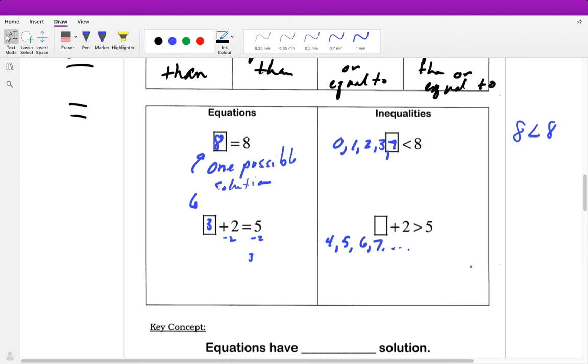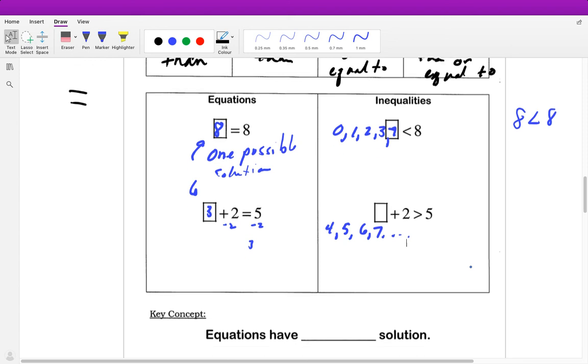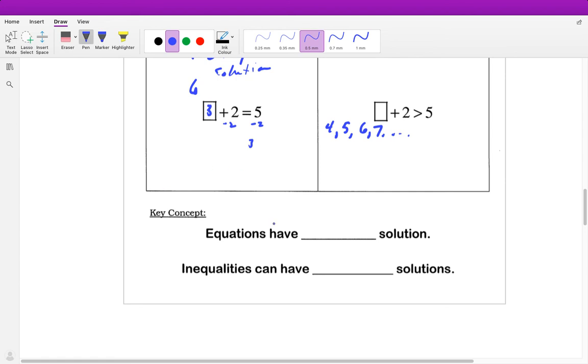So once again, I can ask all of you, give me a number that will satisfy this inequality, and all of you can give me a different number. All right? So one of the things that you have to understand is equations will have one solution, where inequalities can have many solutions. All right? Because there are a ton of different numbers. There's actually infinitely many numbers in this case that we can substitute in that will allow for us to add 2 to it and be greater than 5.